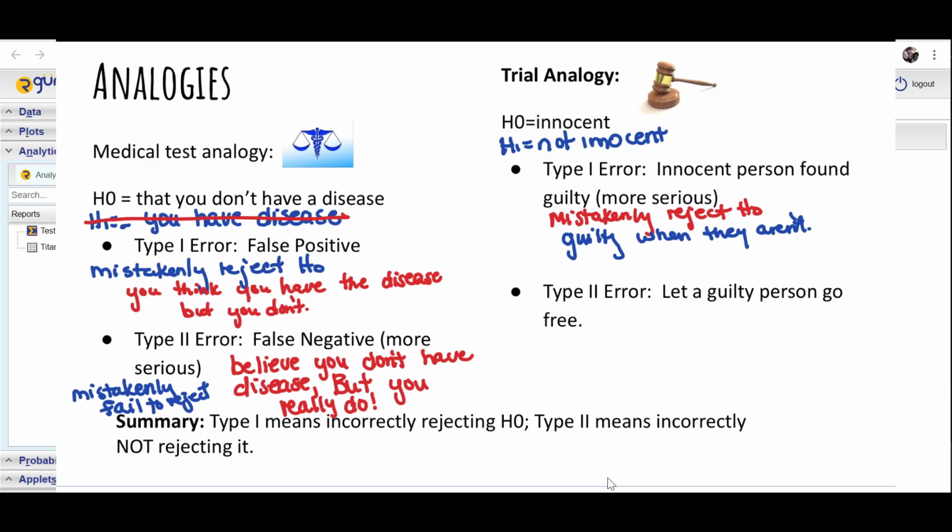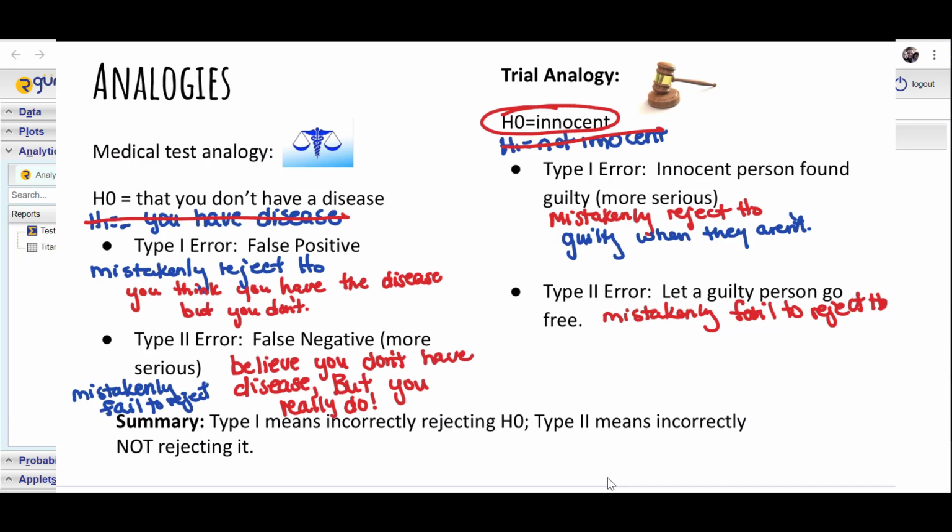So if you fail to reject the null, then you're not saying the null is true, but most likely the null is true. So basically, in that case, you mistakenly fail to reject the null. And if you fail to reject the null, you don't have enough evidence to conclude H1.